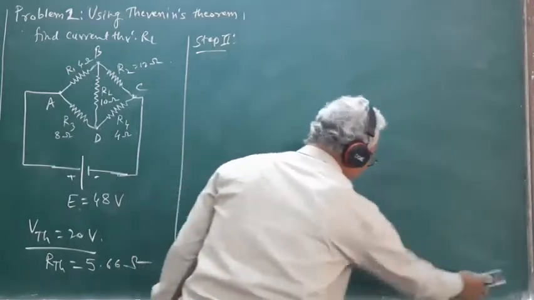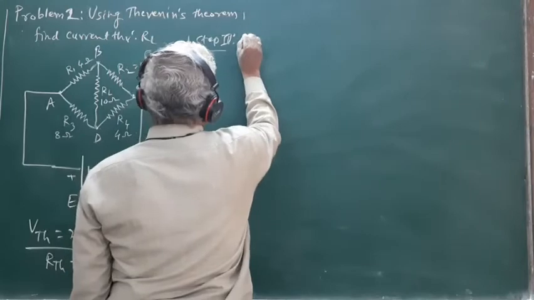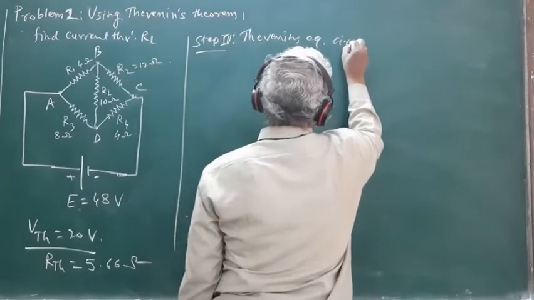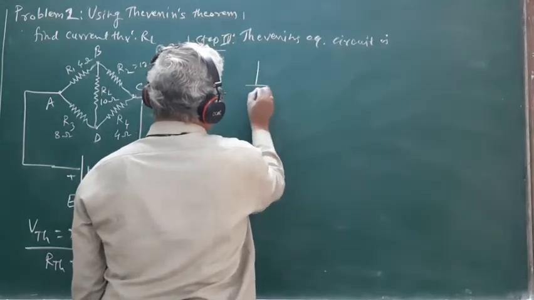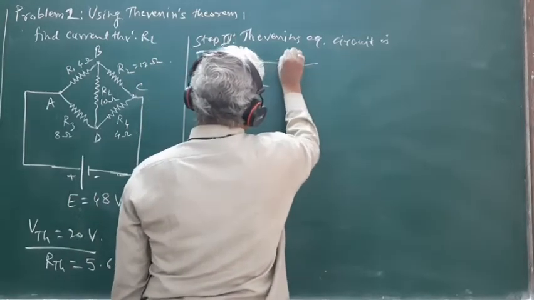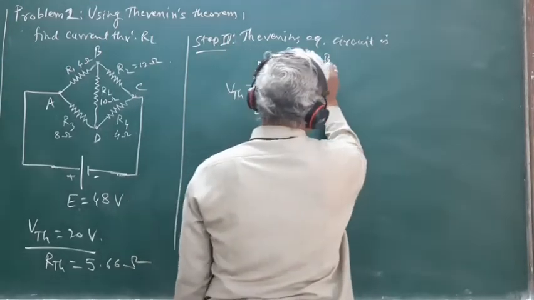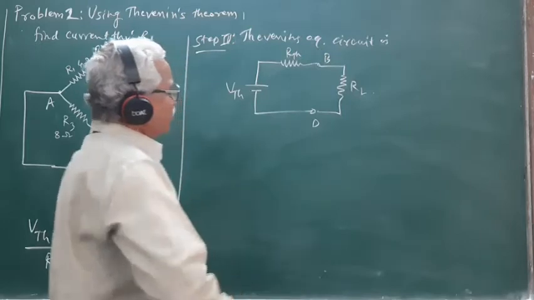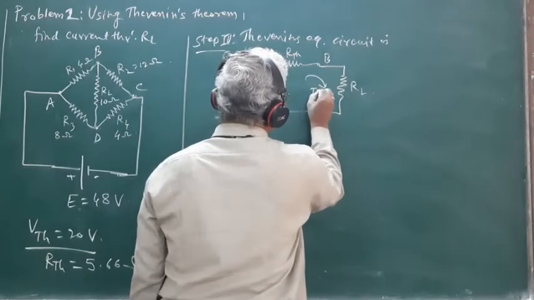So step 3 is Thevenin's equivalent circuit, which is VTH in series with RTH connected across the terminals B and D. If we reconnect the load resistance RL to the right of the terminals B and D, we can now find the current flowing through this load resistance.